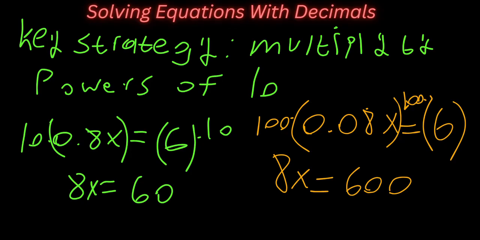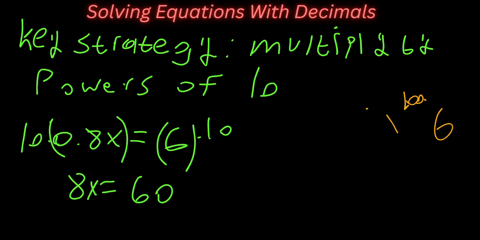Now, don't get it mixed up. These two are not equivalent equations. 0.8x equals 6 is not equivalent to 0.08x equals 6. So I don't want that to be confusing to you.